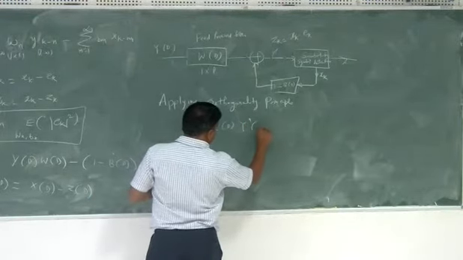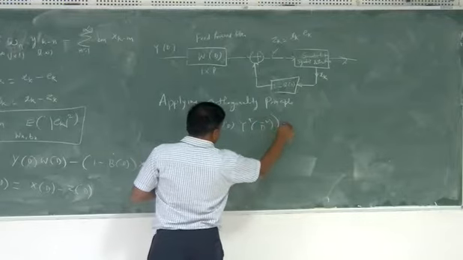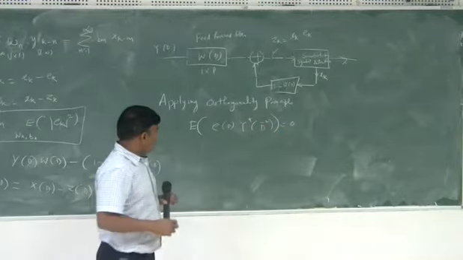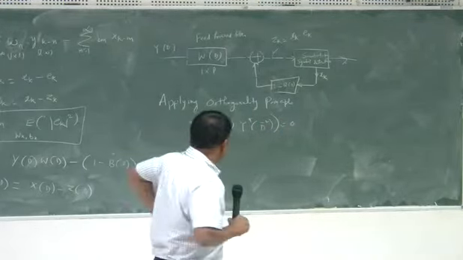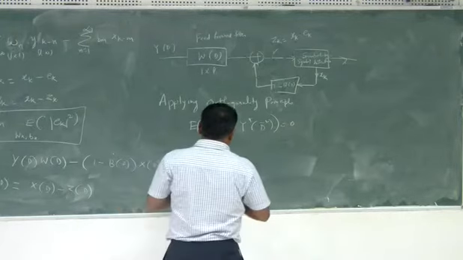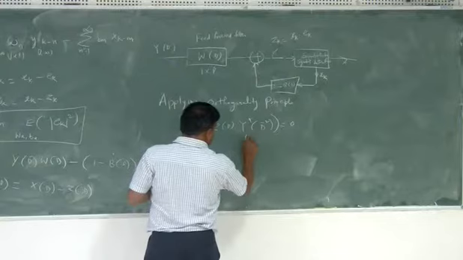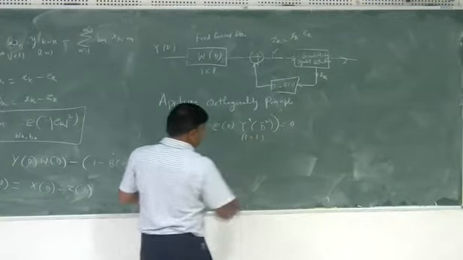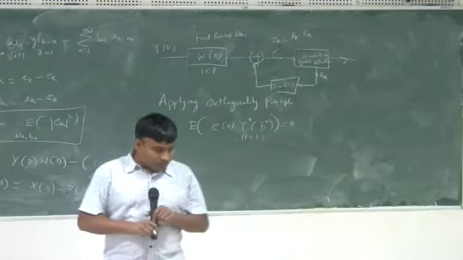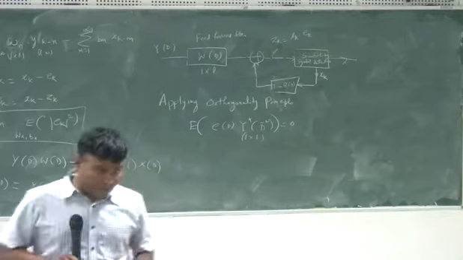That means the expected value of E of D multiplied with y conjugate D minus star is equal to 0. Well, the error is a scalar and y of D is L rows, one column, and this is 1 by L.